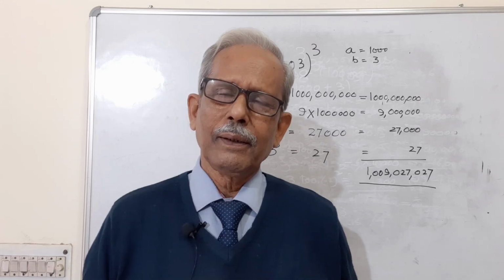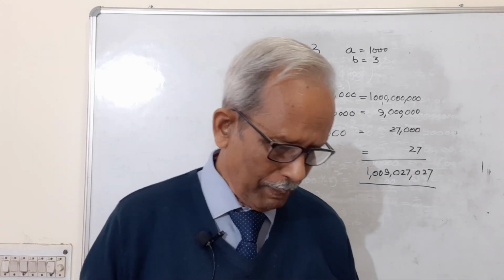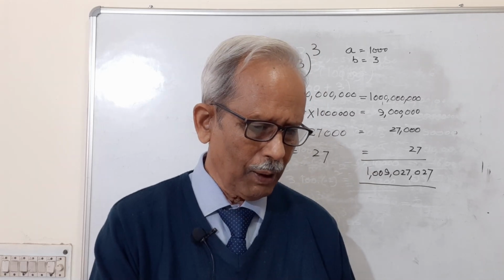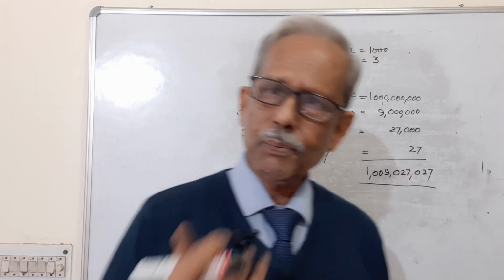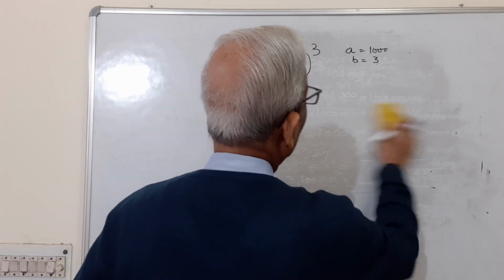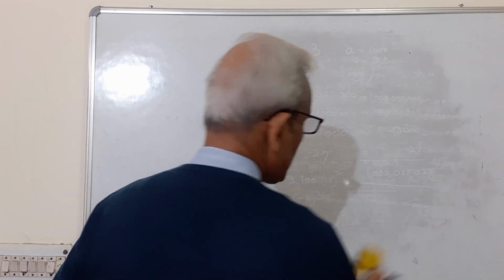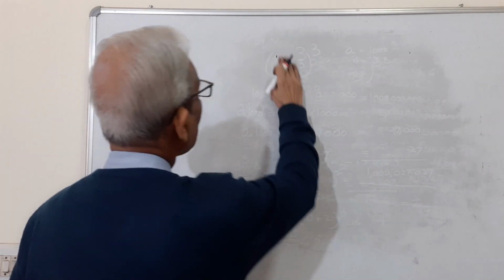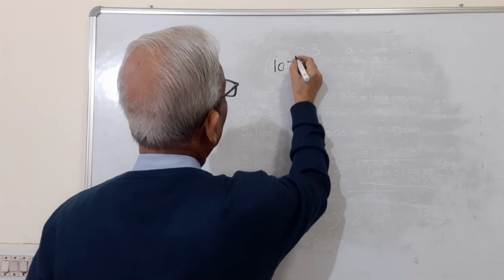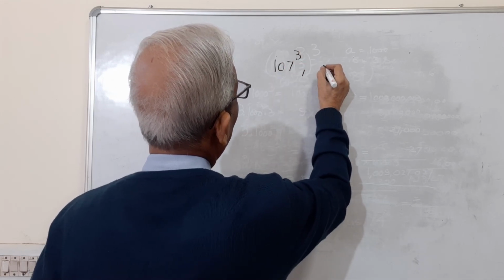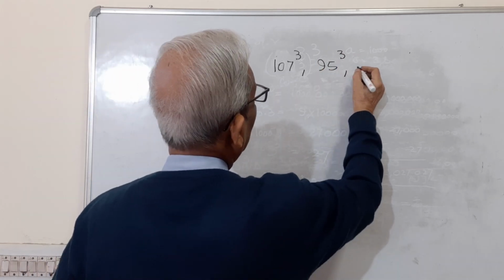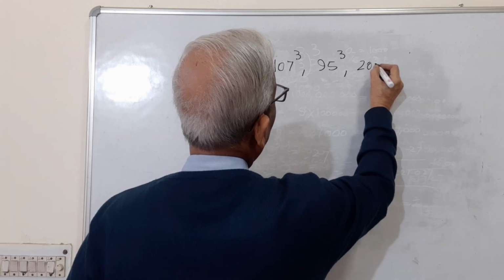I'll give you some examples to do. The exercise is 107 cube. Let's take a smaller one also, 95 cube. Then 203.